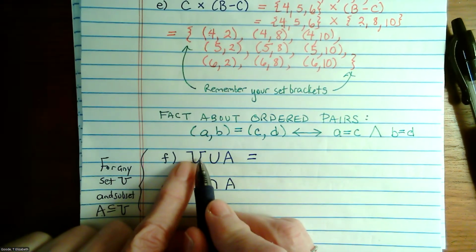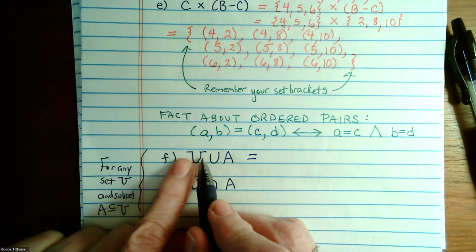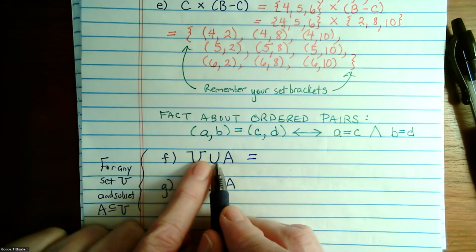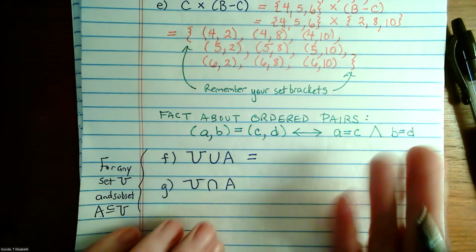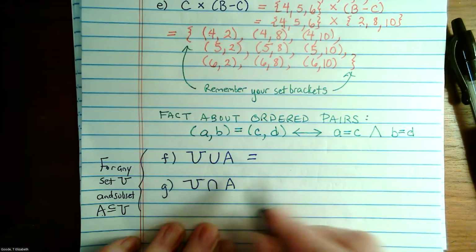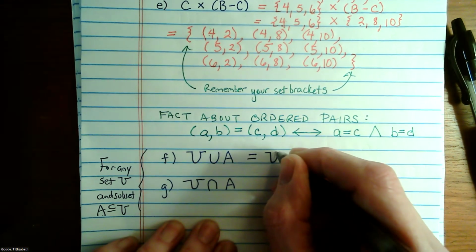So if we're unioning together the universe, which has every single element in it already, with one of its subsets, what do we get? That's right, Ronnie. We get the whole universe because everything's already in the universe.